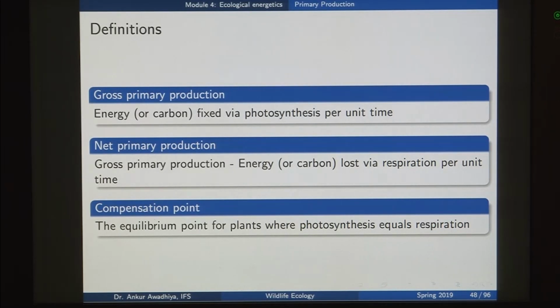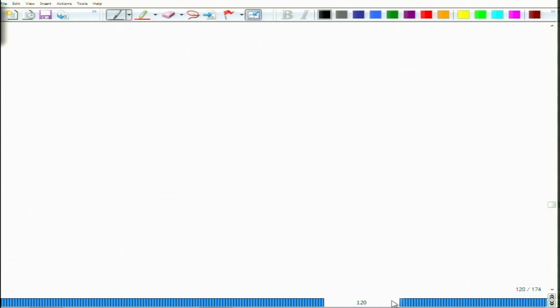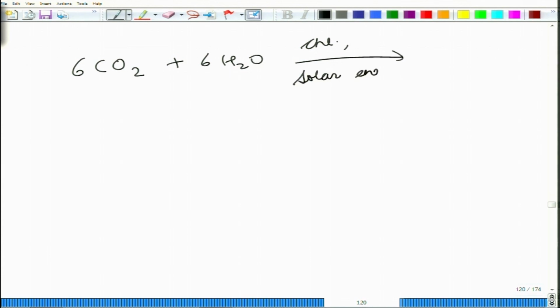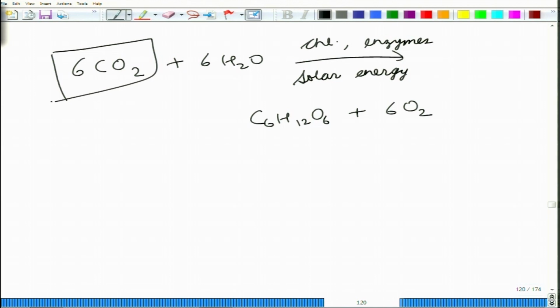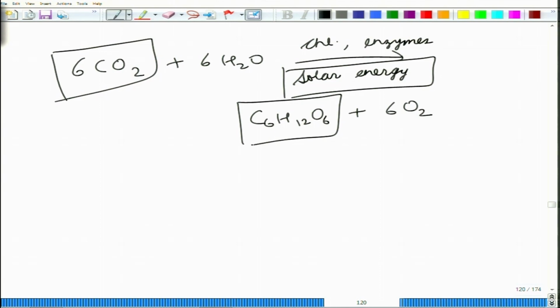So, what we are asking in the case of gross primary production is how much of this carbon dioxide is getting fixed, or how much of this energy is getting fixed, or how many of these biological molecules are getting formed, or how much oxygen is getting released.